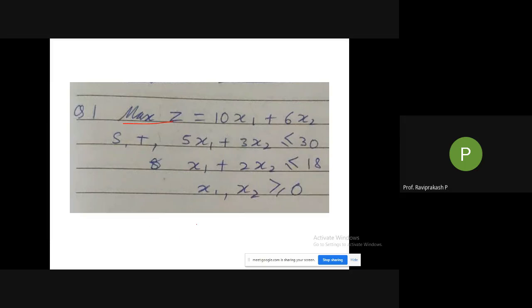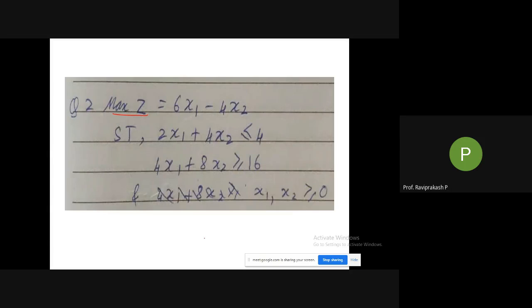So next, moving to the second sum. Max z is equal to 6x1 minus 4x2, subject to constraints 2x1 plus 4x2 less than or equal to 4.